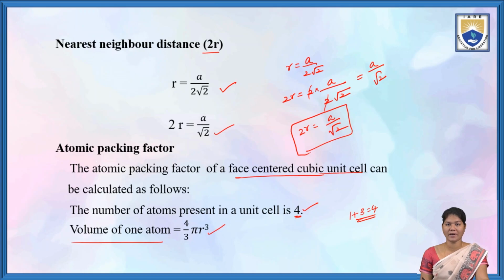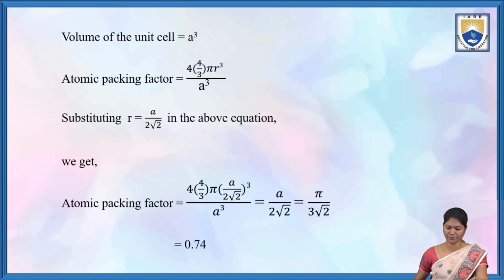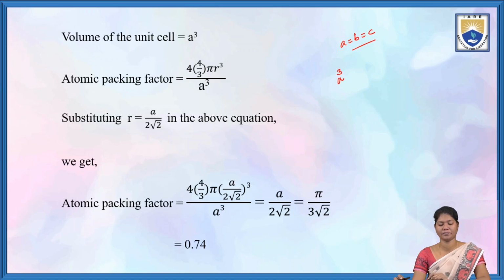And the volume of the unit cell: as it is a cubic crystal, all the dimensions are the same, so A is equal to B is equal to C. Volume of the unit cell is equal to A cube.